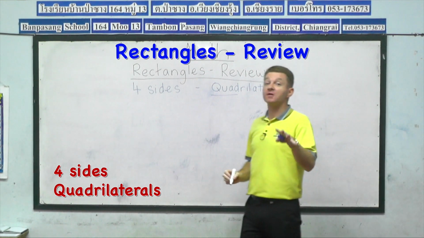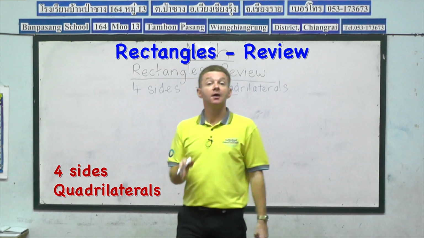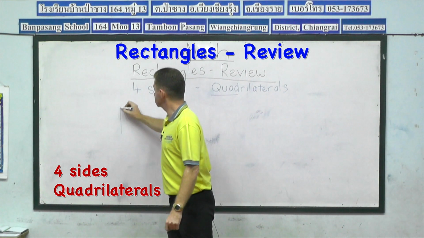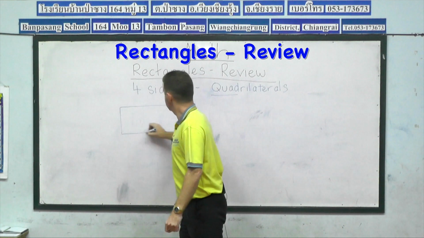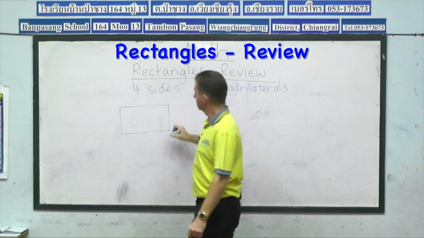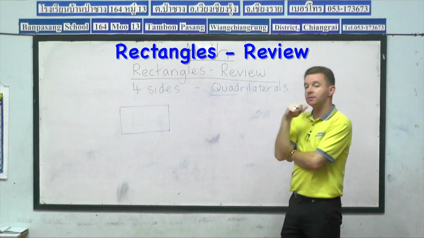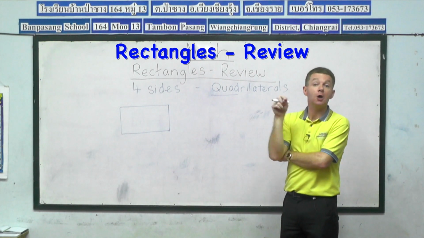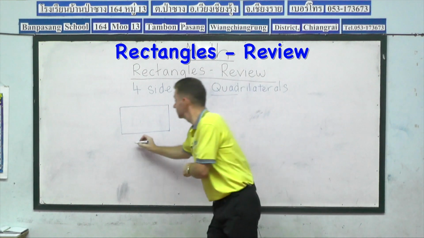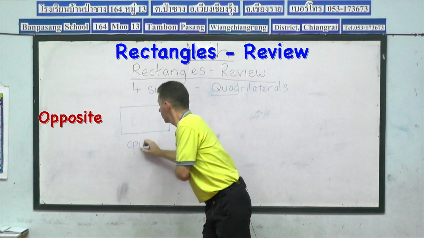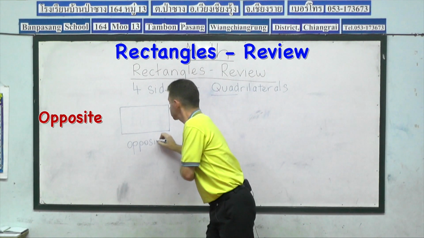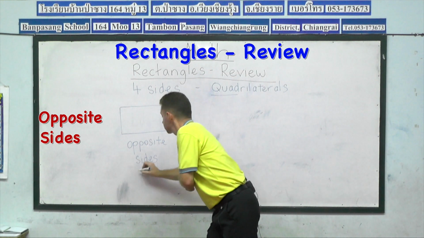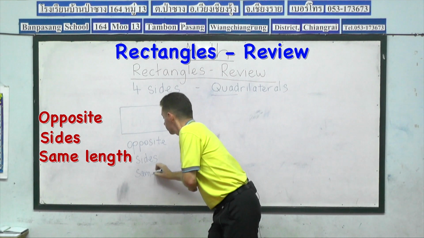And we had 2 particular types of rectangles. The first rectangle was a standard one, such as this. Now, with this type of rectangle, are all sides the same length? No, only the opposite sides. Opposite sides, same length.